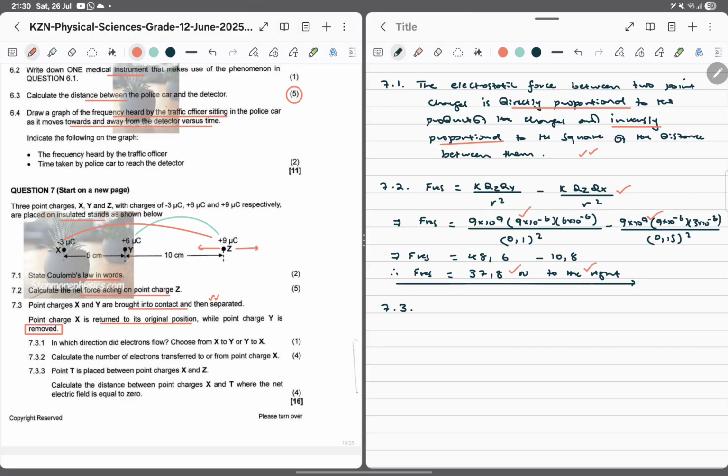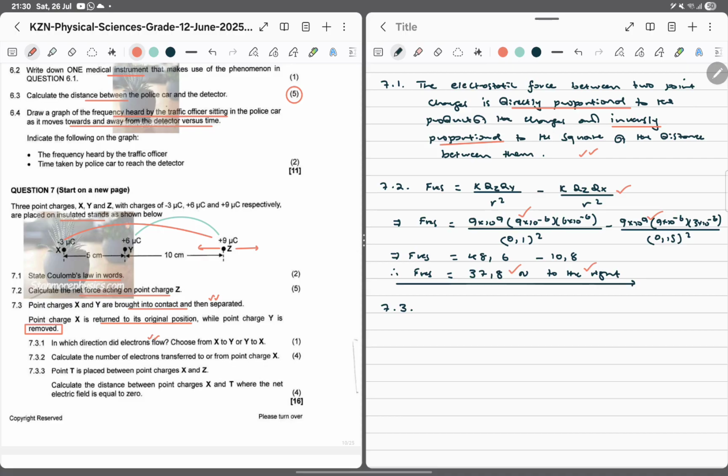So in which direction did electrons flow? Now which one has more electrons? The one with the negative charge, right? It has an excess of electrons. And the one with the positive charge actually is having a deficit of electrons.